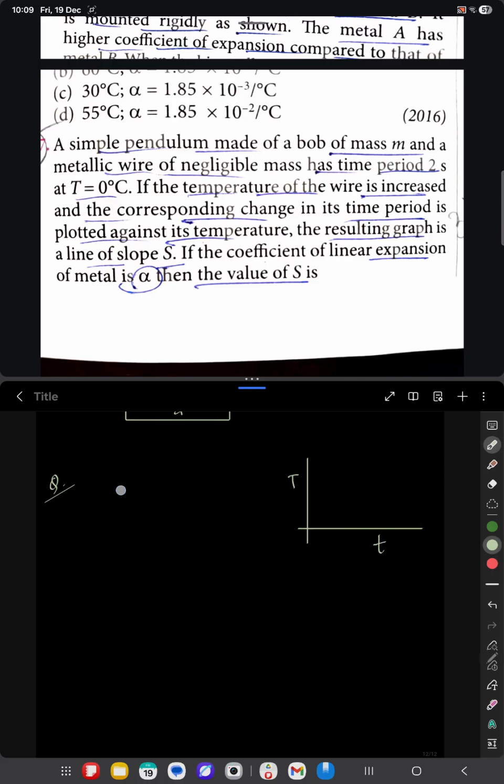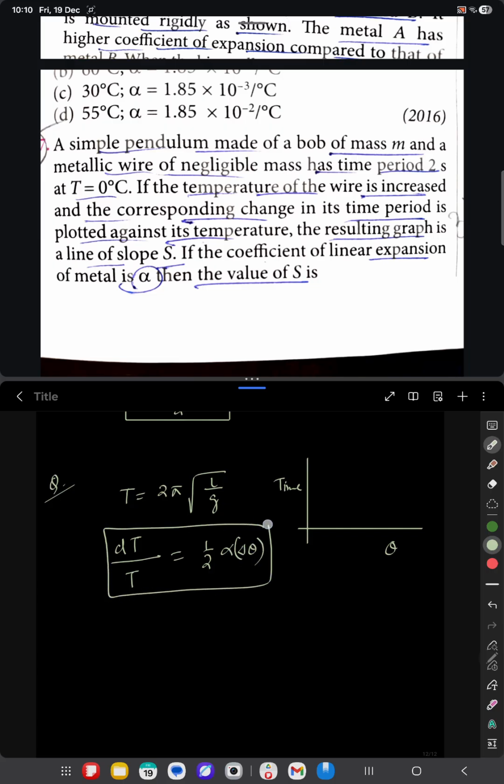You know that for a simple pendulum, T is equal to 2 pi root over L by g. Temperature I am writing as theta, and time period as T. So dT by T should be equal to half of delL by L, and delL by L is alpha into delta theta.